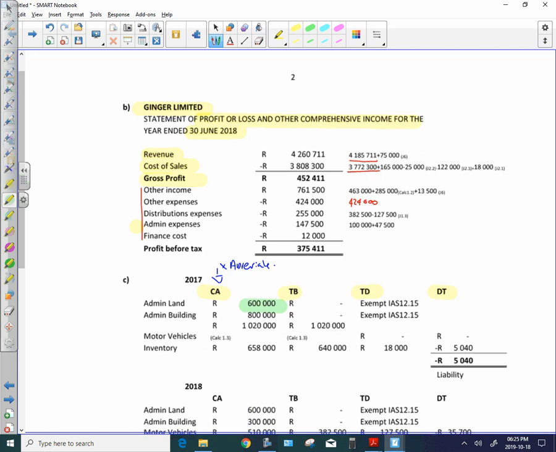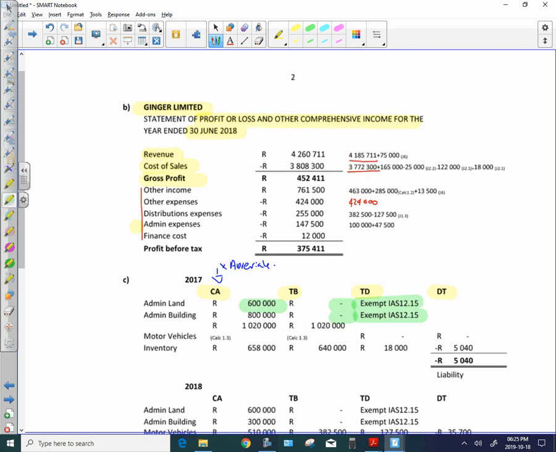But initially, we don't get any deductions for either the land or the building, and both of those will be exempt as per IAS 12, paragraph 15. I don't think you need to go into detail as to saying IAS 12:15, but if you do want to write that there, I think it is a good idea. You can just write exempt under your temporary differences.